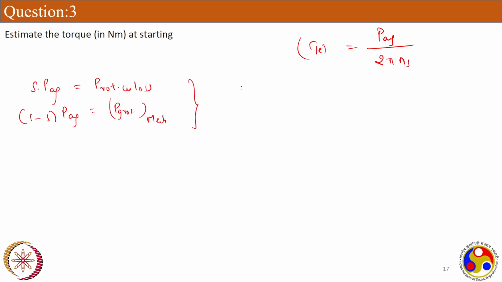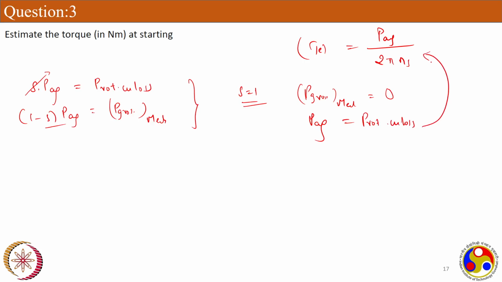Now since S equals 1 here at the starting, P gross mechanical will be 0. So if S equals 1, air gap power is nothing but the rotor copper losses. At the starting condition, there are no mechanical losses. So you just have to calculate the rotor copper losses and divide by 2 pi Ns to get the torque at the starting.